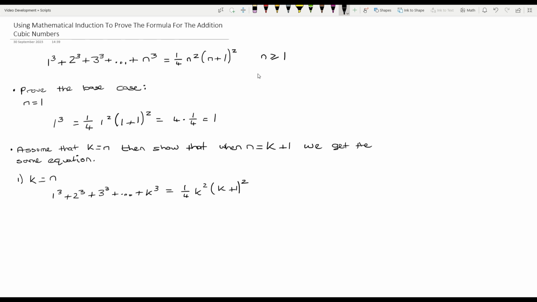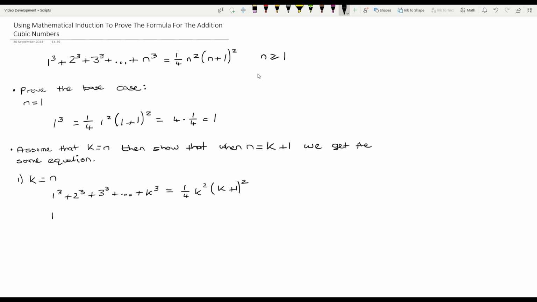Now we can work out what this equation would be if we had an extra term added in. So if we were going to assume that n is equal to k plus 1, we would have an extra term.